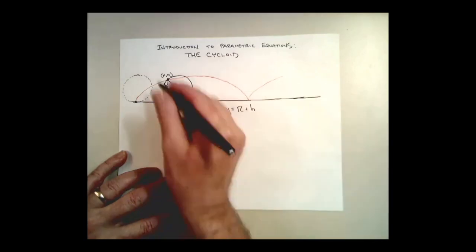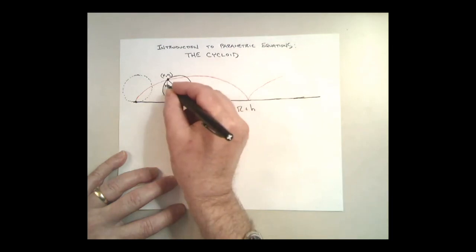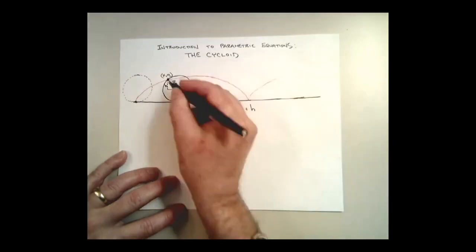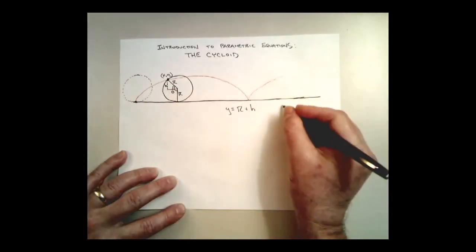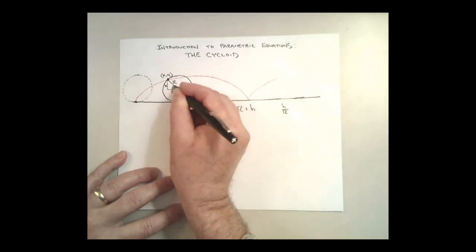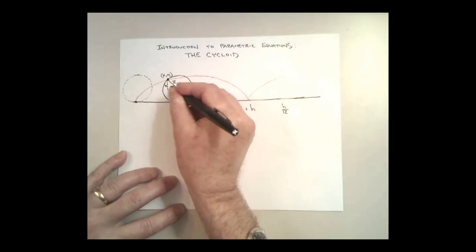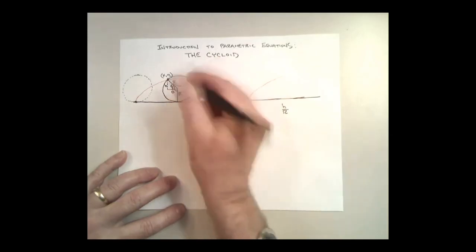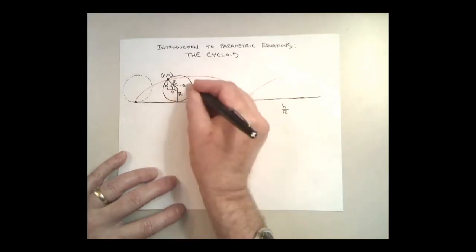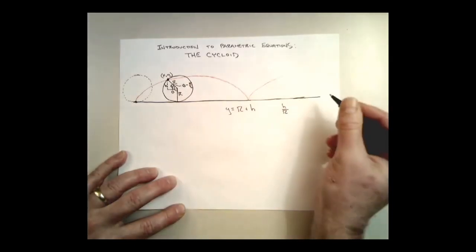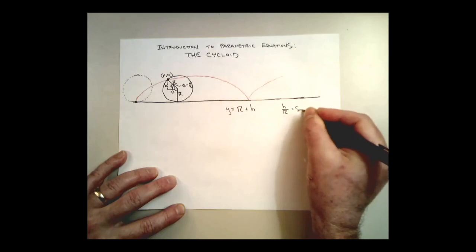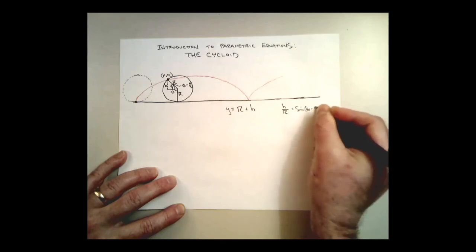Well, I think it's also clear that if I took h and divided it by r, this is also r, isn't it? If I took h and divided it by r, what I get is the sine of this angle. Of course, what is that angle? It's all of theta with a right angle taken out of it, so theta minus pi over 2. So h over r is equal to the sine of theta minus pi over 2.